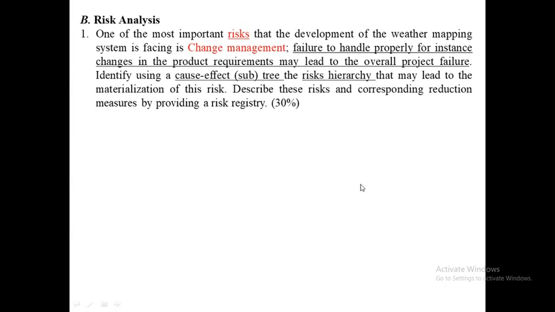Okay, the risk analysis. The risk analysis part is most important in the development of WMS. Change management is the major risk case. Failure to handle changes properly, for instance changes in the product requirements, may lead to overall project failure. So this is a very important aspect of the use case diagram, especially for our weather mapping system.